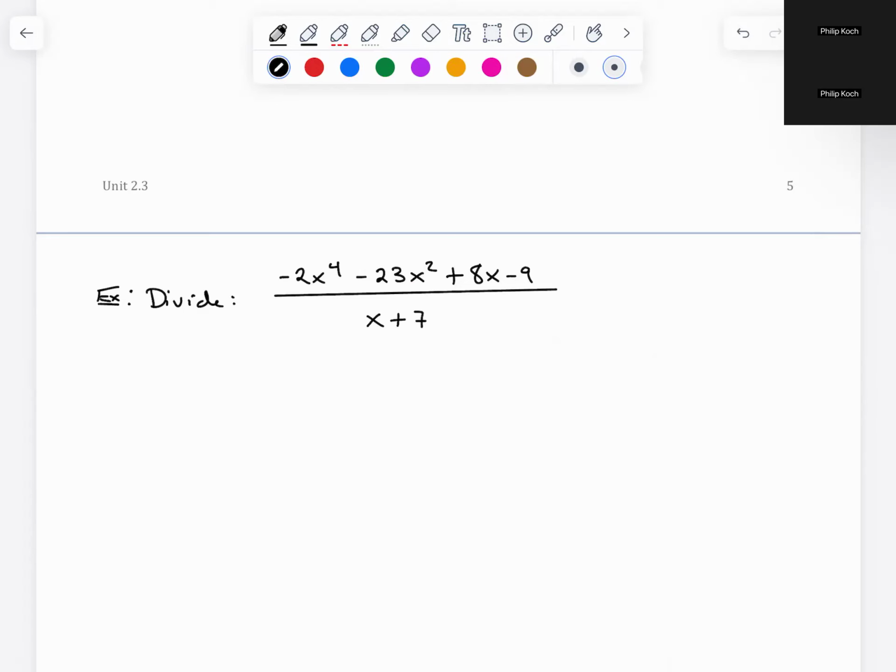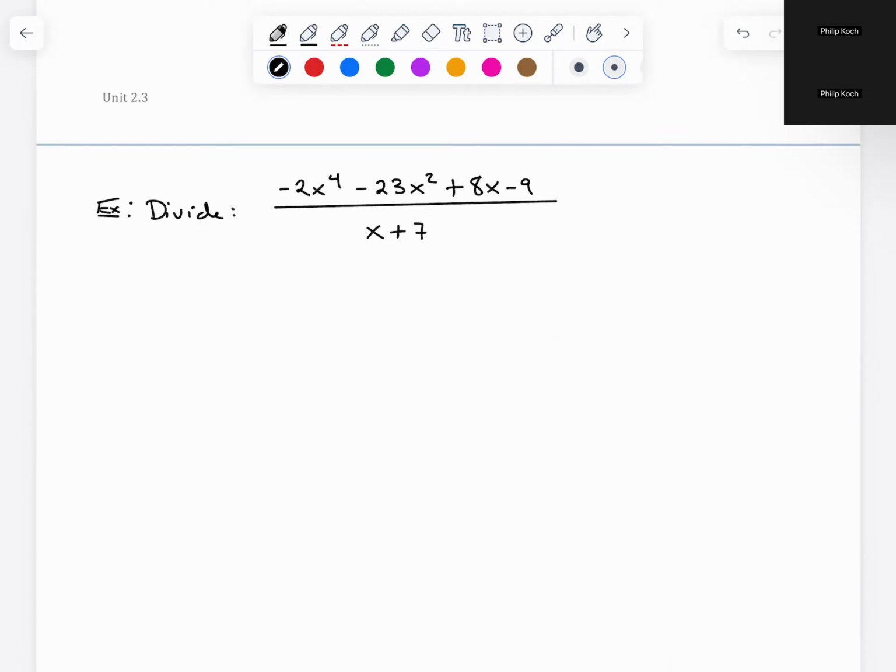I was hoping someone would say 7. Okay. So, what is our C value in terms of the synthetic division? Is it positive 7 or is it negative 7? It's negative 7 because remember, we need the thing to be in the form x minus C. So our C value is negative 7.